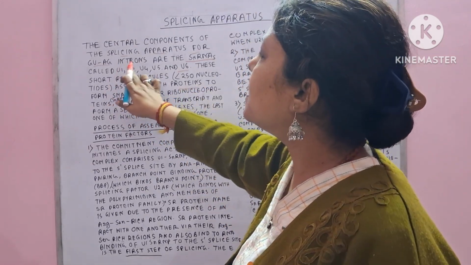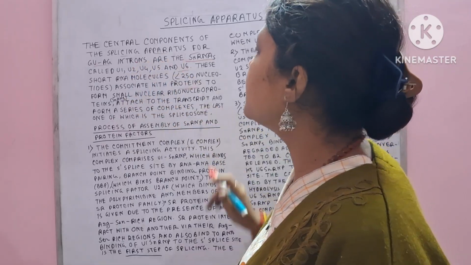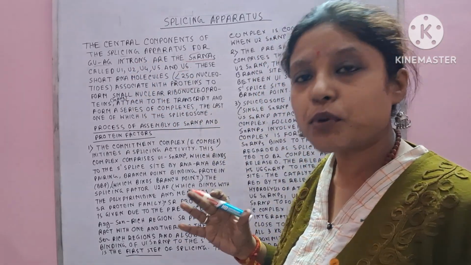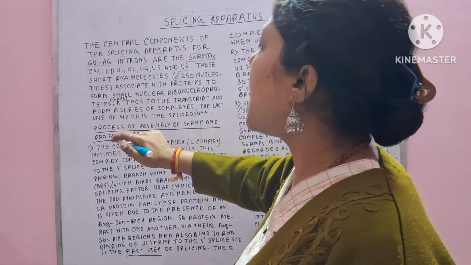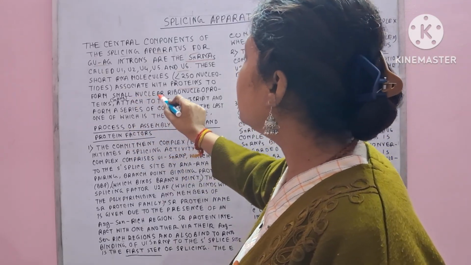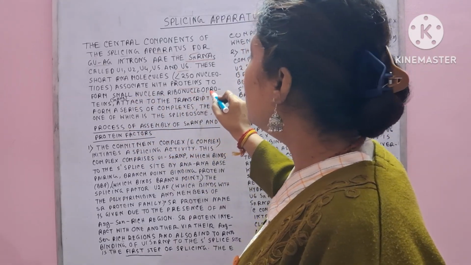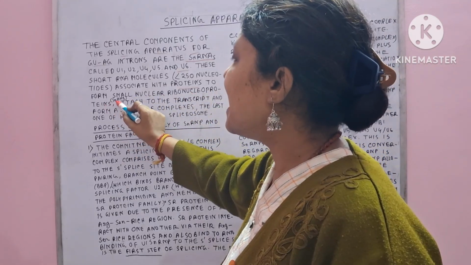U1, U2, U4, U5, U6 have some proteins, and these proteins are called small nuclear ribonucleoproteins, or snRNPs.